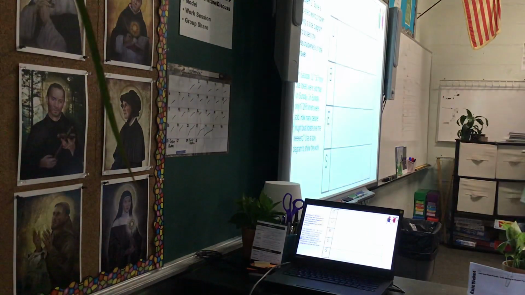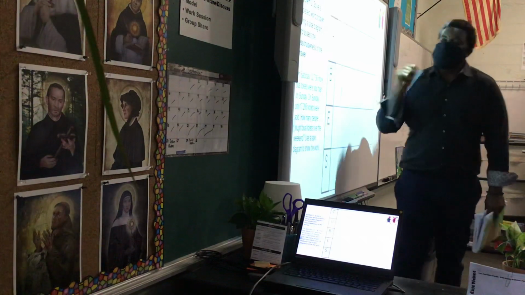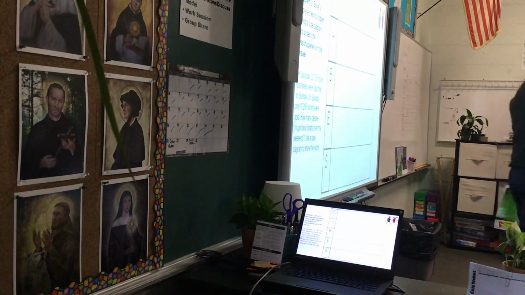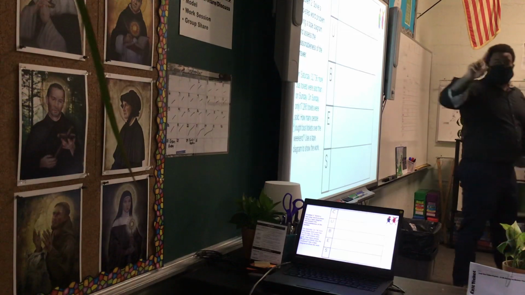So, you have another question. Problem 2: Solve a two-step word problem using a tape diagram and assess the reasonableness of the answer. Remember what we said last time? Assess the reasonableness of the answer.